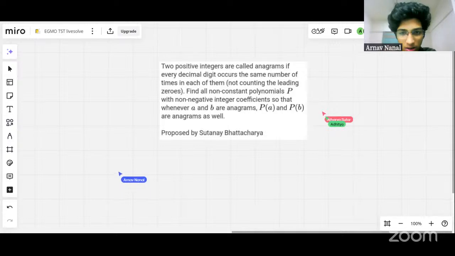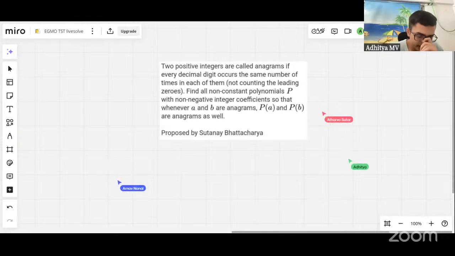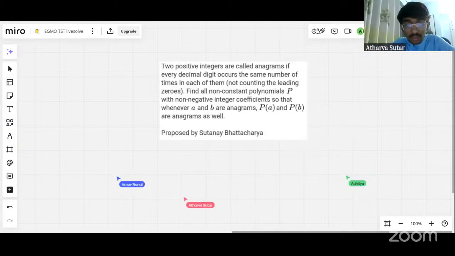So P is increasing, yes. So we should just try some examples of anagrams. P of x equals x.